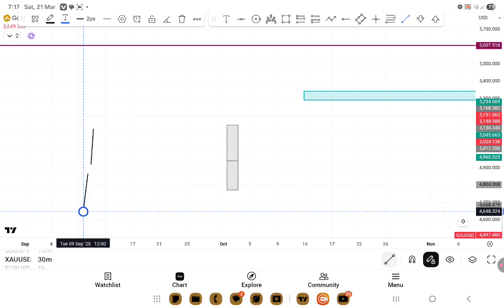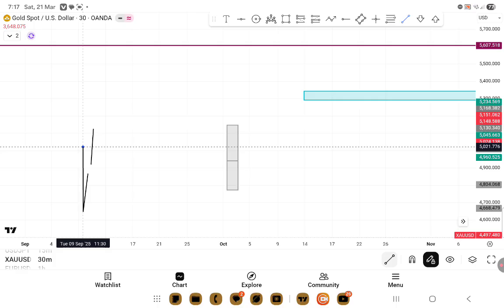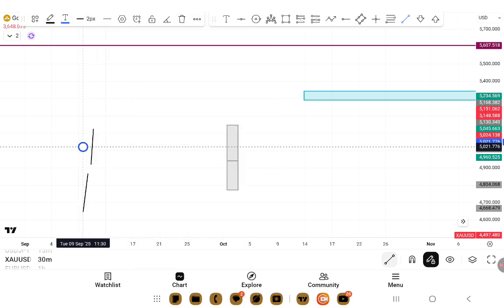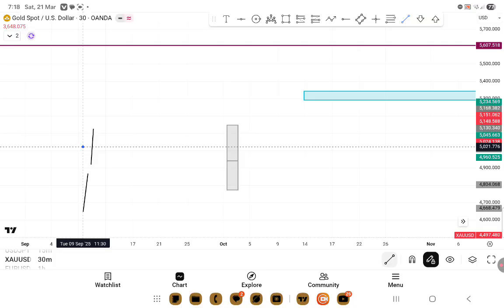So the wick is called MSS, that's market structure shift, and the candle is called FVG, fair value gap.